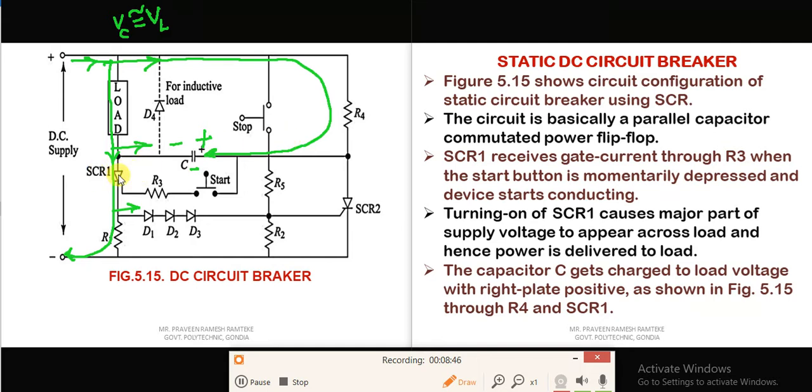So SCR1 was off, meaning this whole circuit was not in the picture. Hence the capacitor was charging through the resistor R4.